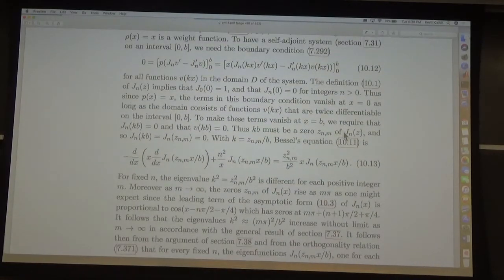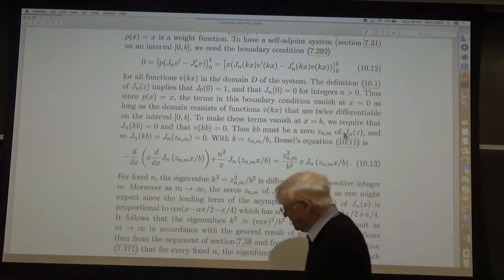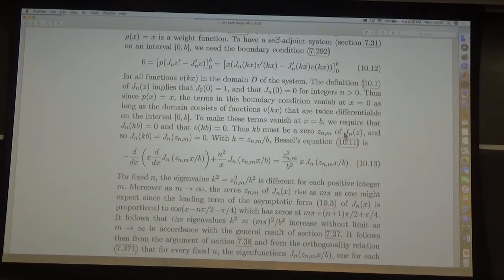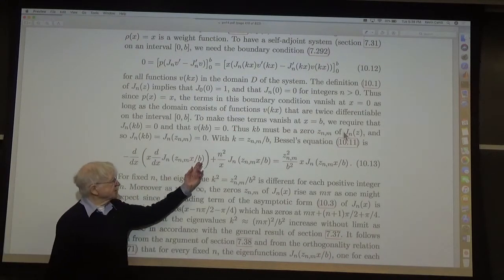Anyway, as I was saying last time, if you want to think about the Bessel functions as a self-adjoint system, and you pick an interval from 0 to b, then you want the Bessel function to vanish when x is equal to b.